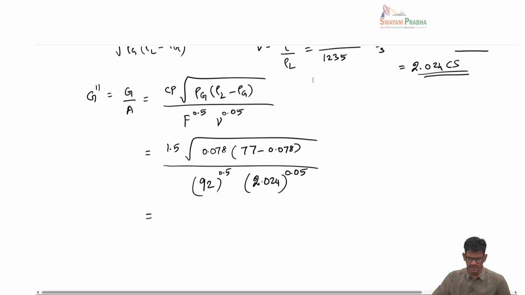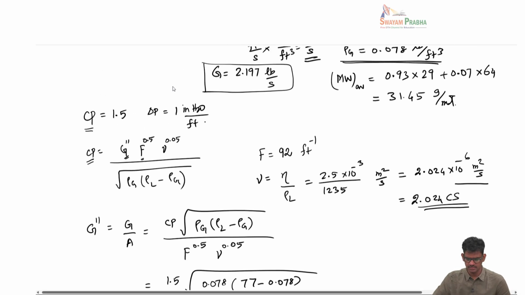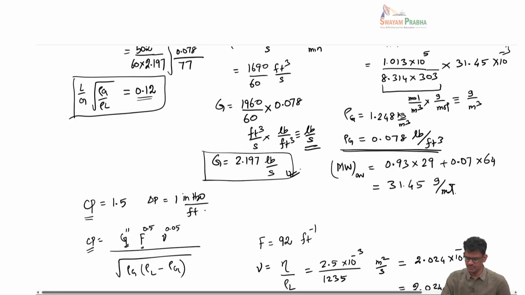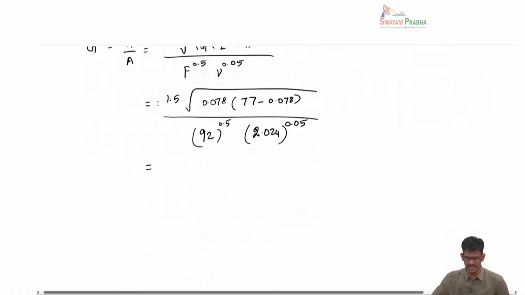And then from here you can solve, and G also is known, and we can substitute that, and then you can get area.